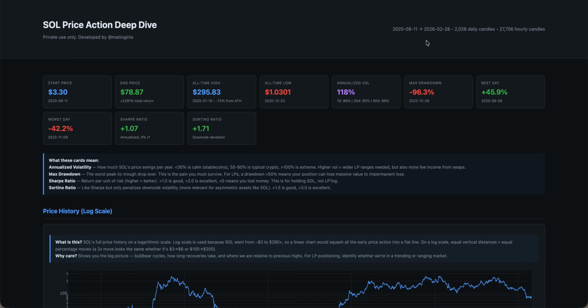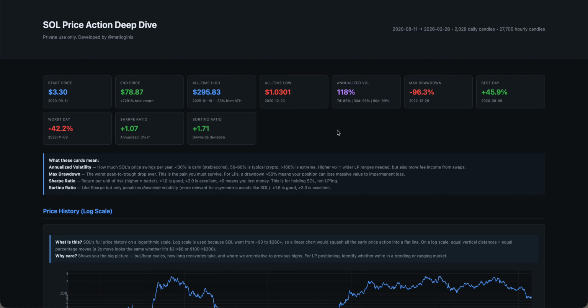So it's more than 5 years of data, 2028 daily candles and 27.7 thousand hourly candles being analyzed. This is a quick summary: the starting price, the ending price in February, the all-time high, etc.